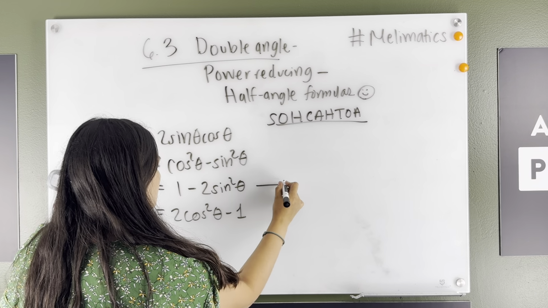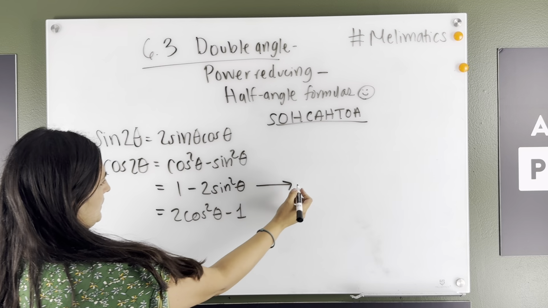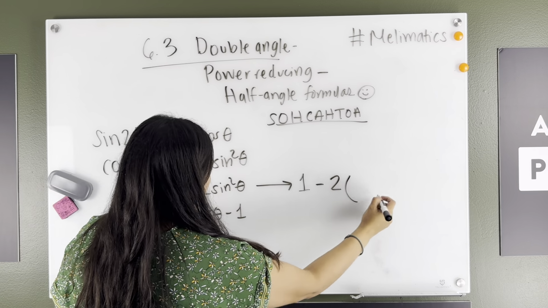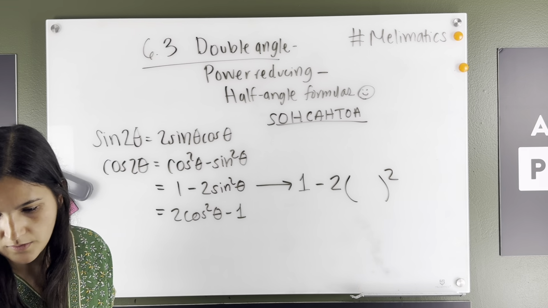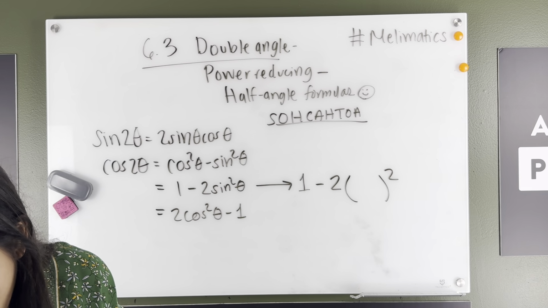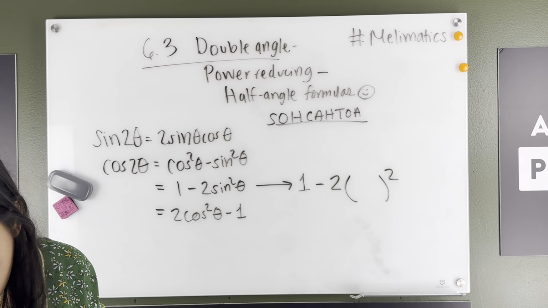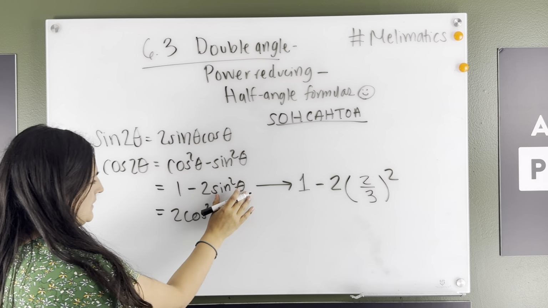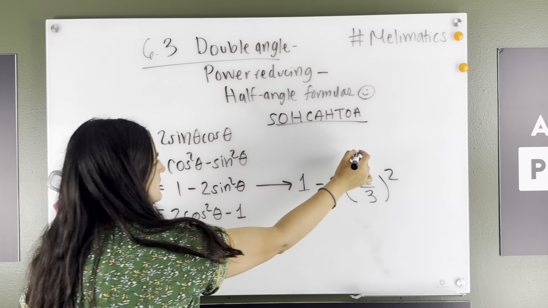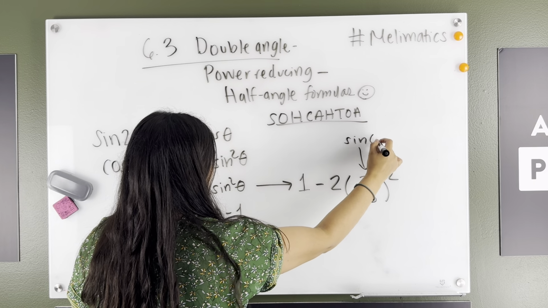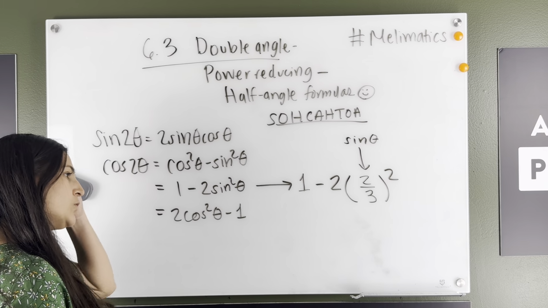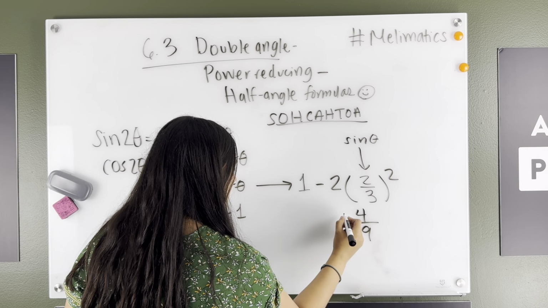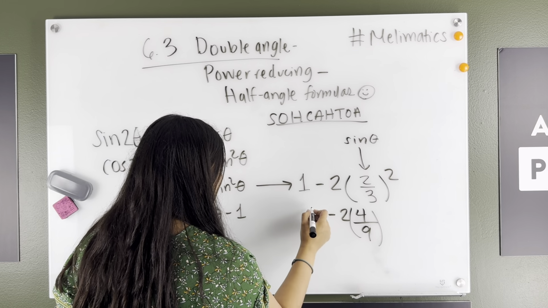For the second one, all you gotta do is 1 minus 2 times sine squared theta. And remember that they gave us sine theta. They said that sine theta is 2 over 3. So we're gonna do 2 over 3 squared to get sine squared of theta. 2 over 3 squared is 4 over 9, multiplied by a negative 2.